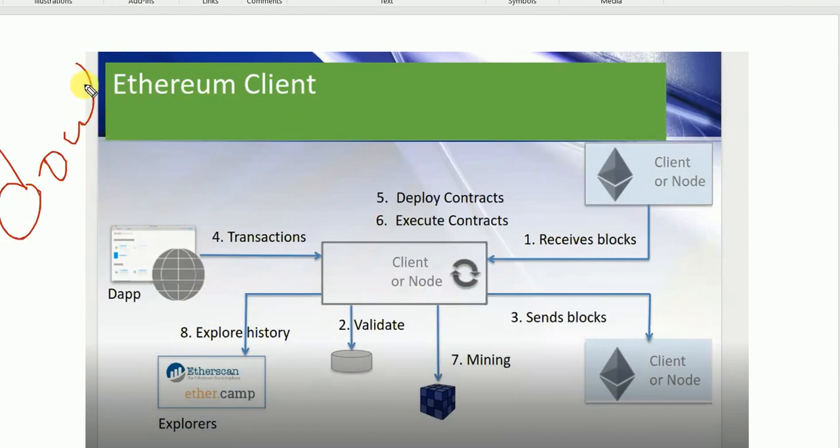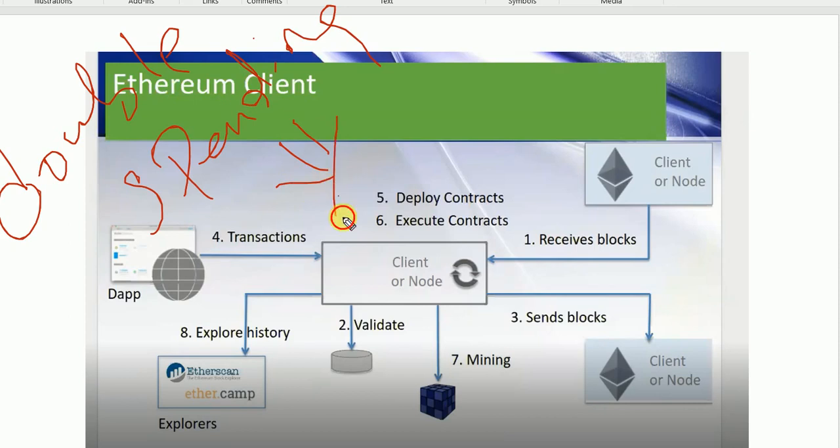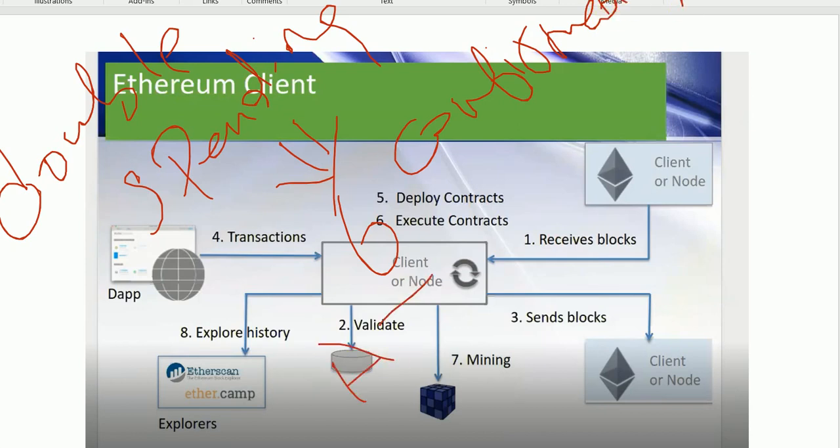Double spending is one of the major problems we have seen in many transactions. This problem will be eliminated because of the 6 confirmations, because we won't get all 6 confirmations at a time. Suppose A is making a transaction, a very simple example.